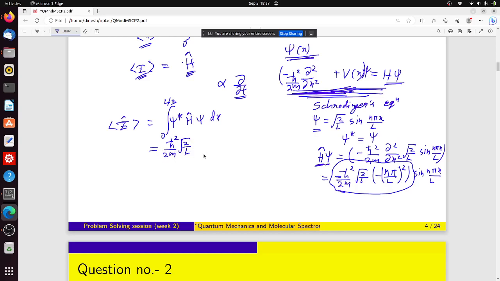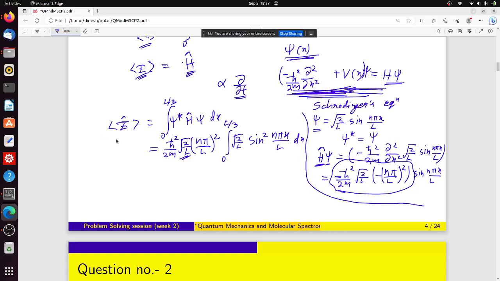If you have any doubt, just interrupt me. Okay, n pi over L square, then from this psi star we will have some root 2 by L, and from this I have already taken this out. So it's effectively sine square n pi x by L, from 0 to L by 3, and integration is with respect to dx, right?